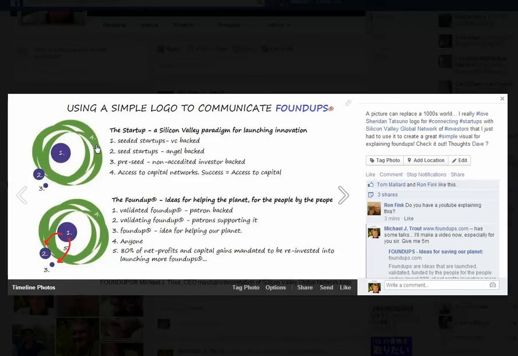Now, you have to understand that number 1 here, and I'm working my way backwards, is the VC-backed startups. They're the ones like LinkedIn and Facebook that, once they get to this stage, generate millions, tens of millions, hundreds of millions of dollars in backing from VCs.